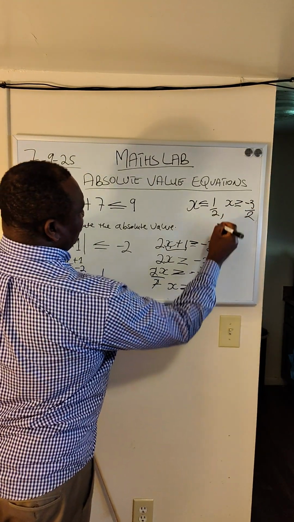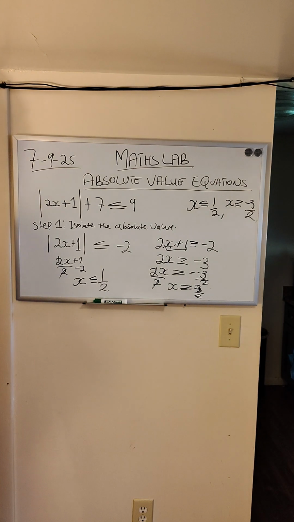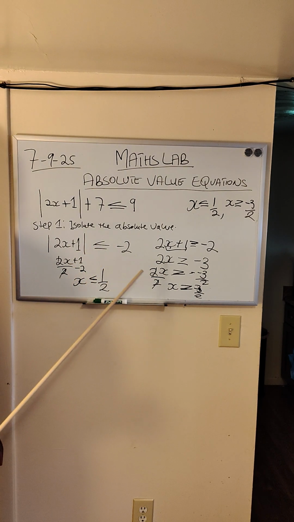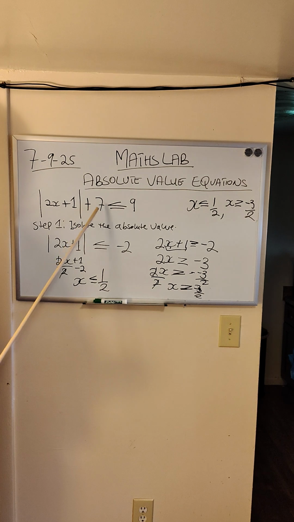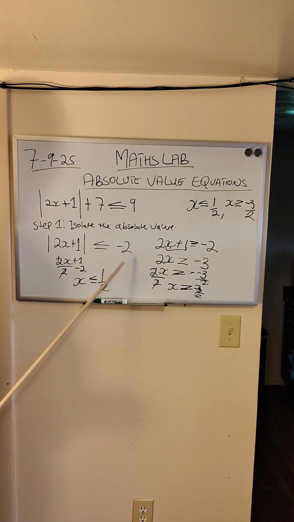For us to get those separate answers, we had to isolate the absolute value by adding, making 2x plus 1 less than or equal to negative 2, and we got that negative 2 by doing 7 minus 9, which gives us negative 2.